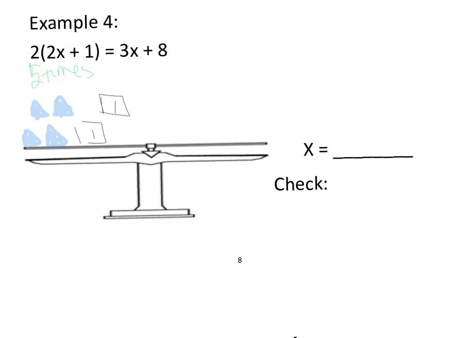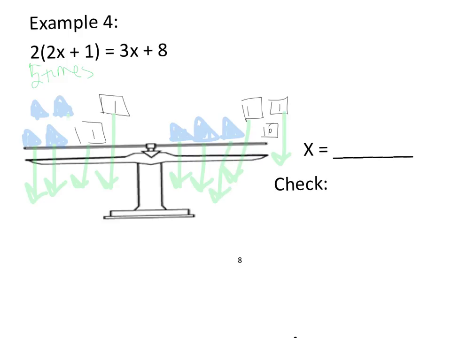And then we have 3x, and it's got to equal plus 8, so we're going to make up 8 with 2 1s and a 6. Now look at what you have on both sides, because again, as long as we do it to both sides, all is well. I can take away a 1 from both sides. I can take away another 1 from both sides. Then I can take away a blue triangle from both sides, and a second blue triangle away from both sides, and a third blue triangle away from both sides.